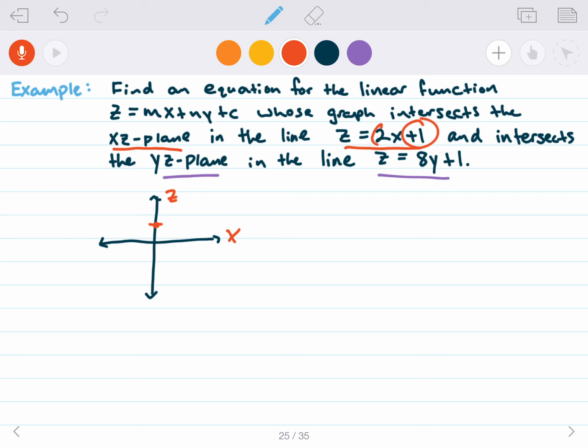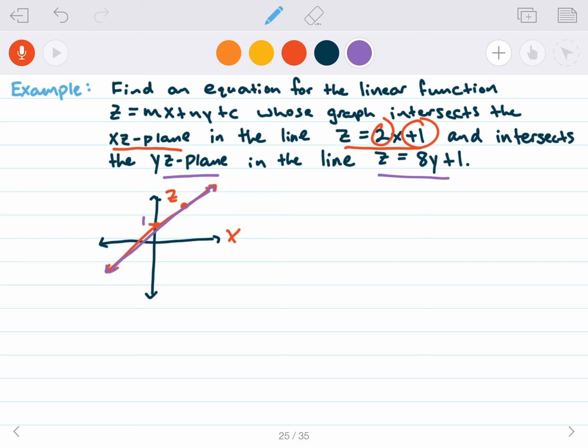And we have a slope of 2. So rise 2 over 1, looks something like this, good enough, right? So this is z equals 1. And so when the plane intersects the line, it's going to intersect the whole line, right?